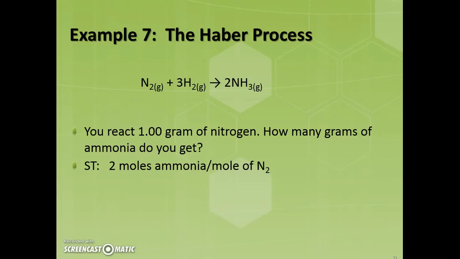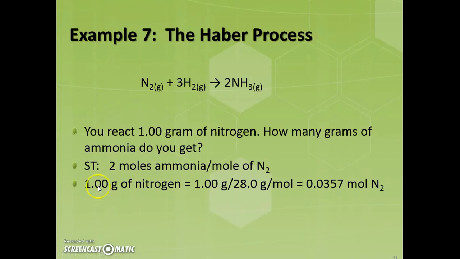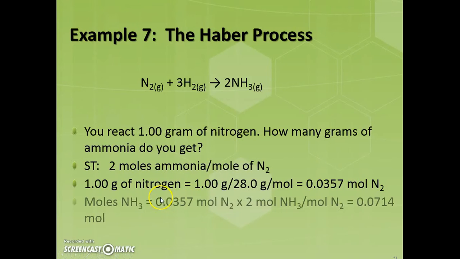Next, we need to move the 1 gram of nitrogen into the molar domain, and we do it here. We multiply by the stoichiometry term, again canceling moles of nitrogen, but in this case, what we'll retain is moles of ammonia. So 0.0357 moles of nitrogen times 2 moles of ammonia for every 1 mole of nitrogen gives us 0.0714 moles of ammonia.